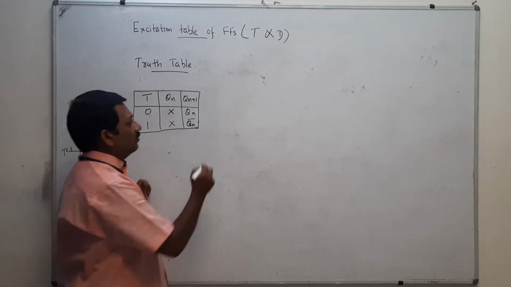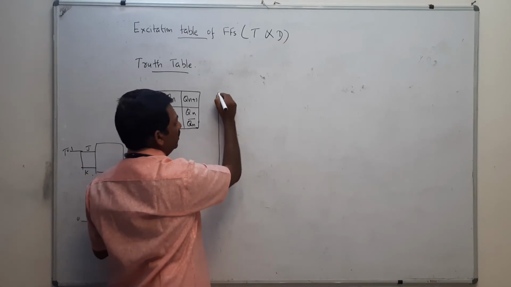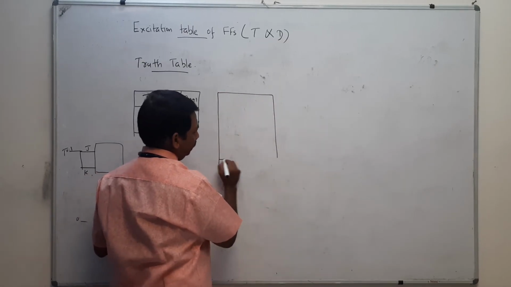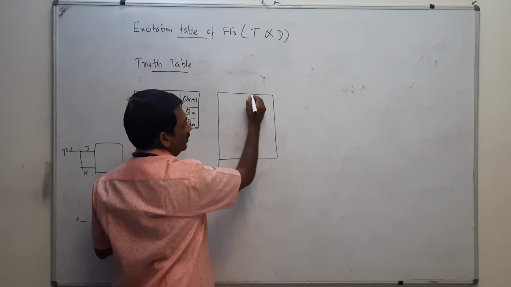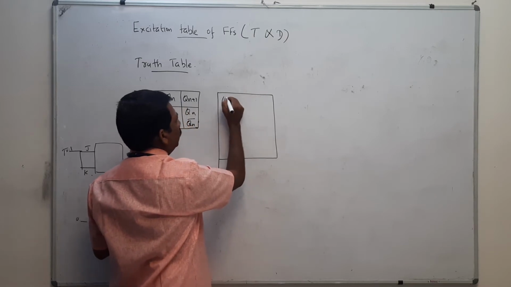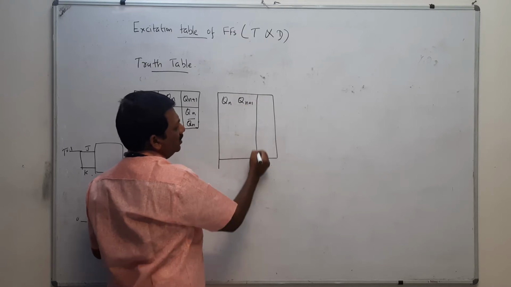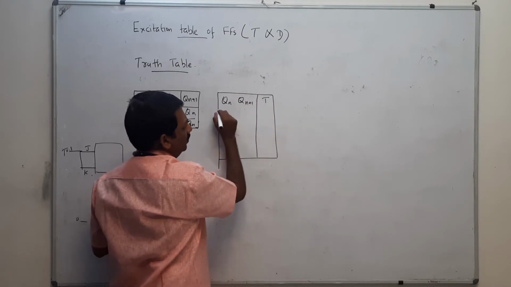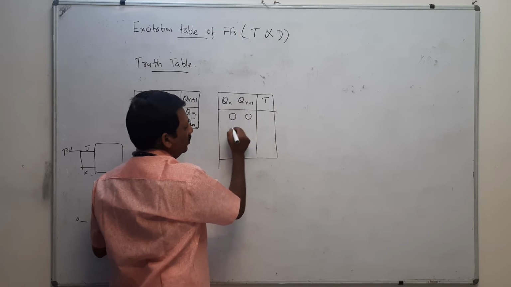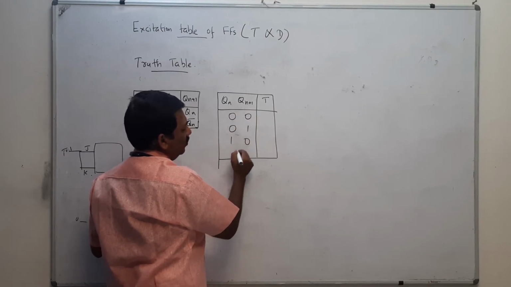Then what is the excitation table for that? First, this is the extended truth table of the T flip-flop, with Qn, Qn plus 1, and the value of T: 0, 0, 0, 1, 1, 0, 1, 1.